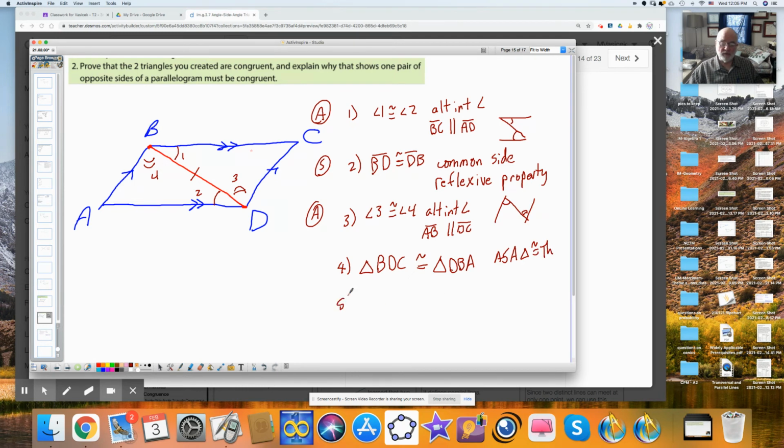Step 5 says that the sides are congruent. Which sides? I'm going to say this side is congruent to this side. So AB is congruent to CD. Why? Because if I prove by the shortcut that the triangles are congruent, then I can say that all the corresponding parts of the congruent triangles are congruent.